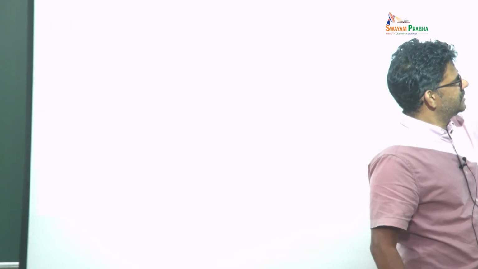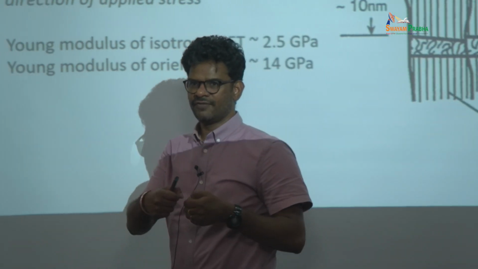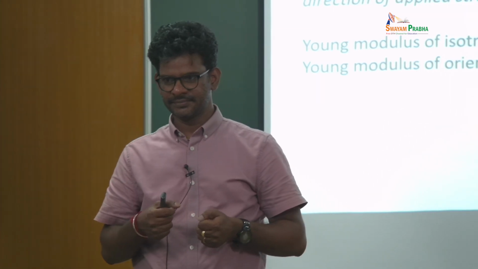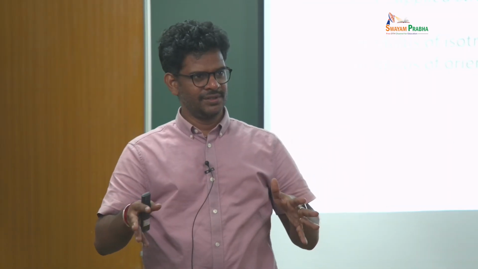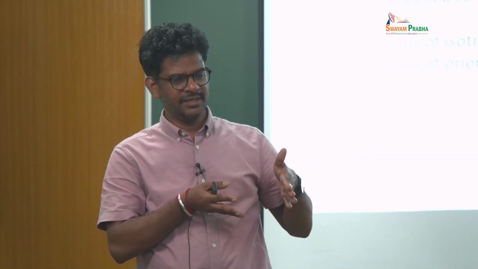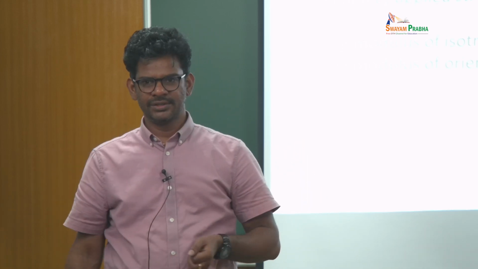Here a strain is applied in this direction, and all these lamellae are packed towards this direction, so you can form a fiber-like structure. This is called oriented crystallization. If you don't do this, the crystal will grow in all different directions and you get an isotropic orientation. But here you are focusing the crystal growth in one direction by applying an external strain.